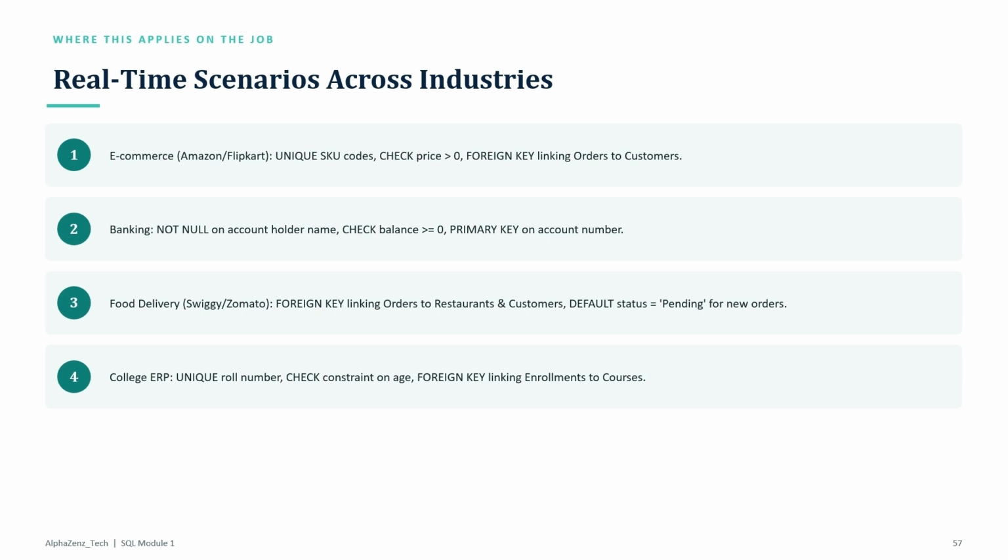Banking: not null on account holder name, check balance greater than or equal to 0, primary key on account number. Food delivery, like Swiggy and Zomato: foreign key linking orders to restaurants and customers, default status of pending for new orders. College ERP: unique roll number, check constraint on age, foreign key linking enrollments to courses.